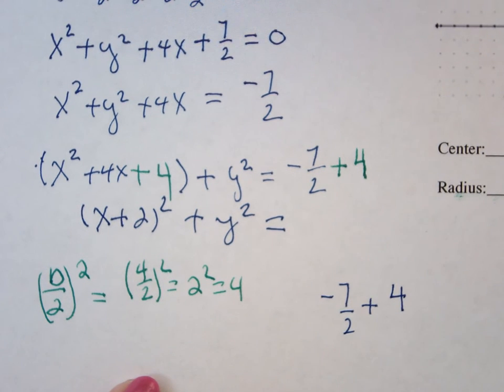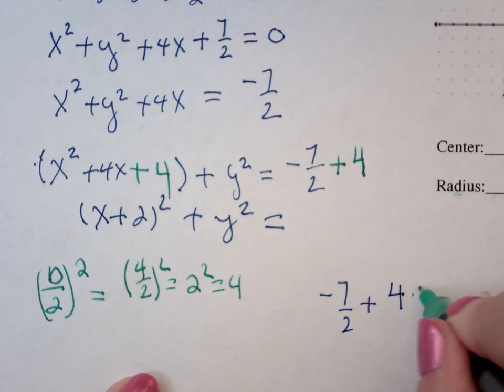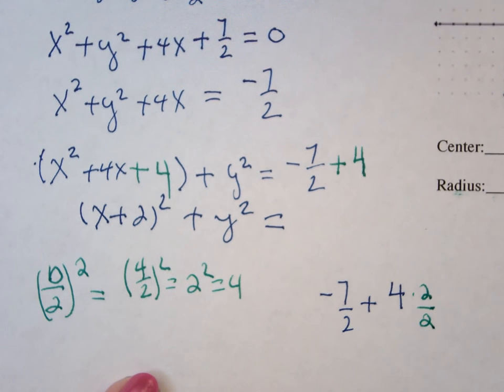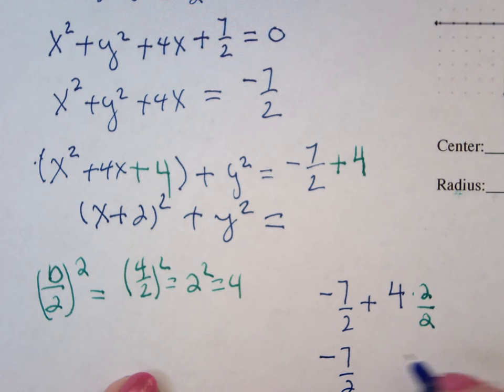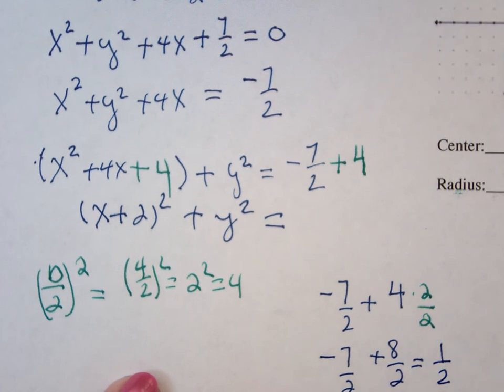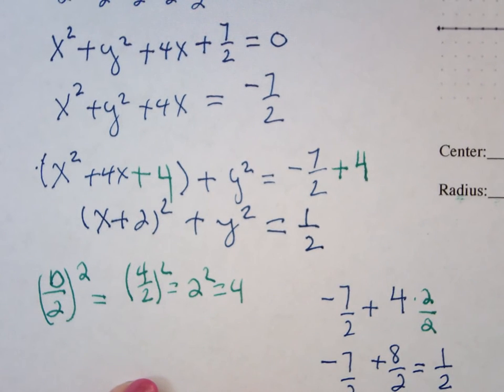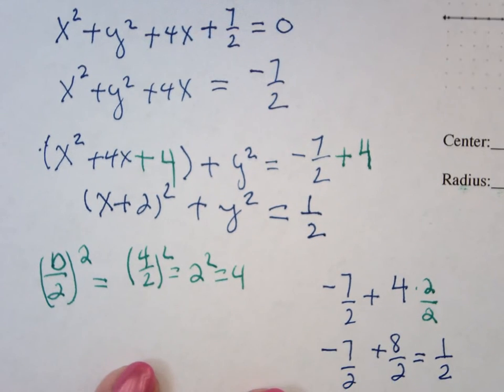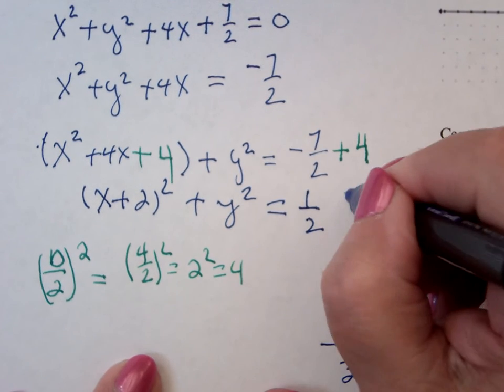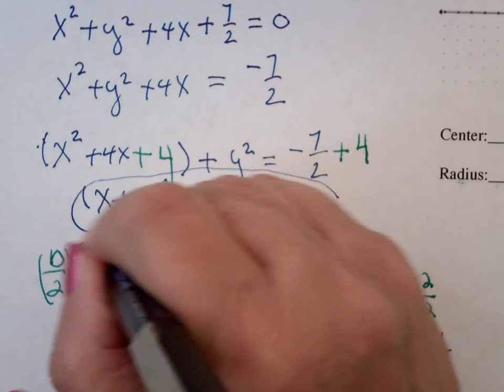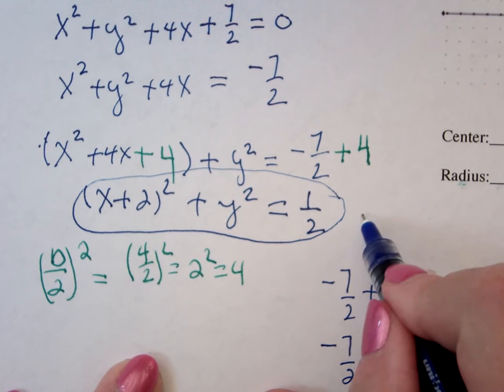I need to turn 4 into halves, so multiply by 2 over 2, is negative 7/2 plus 8/2 is 1/2. So now we have standard form.